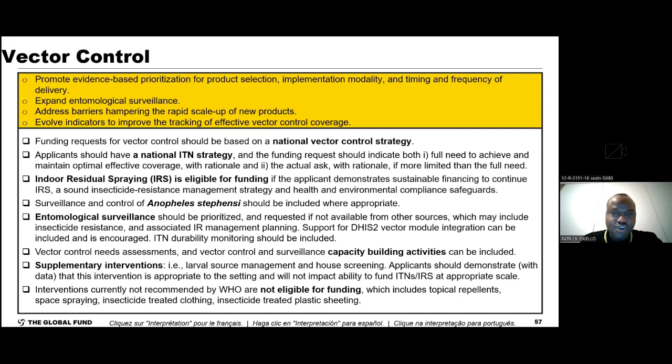For vector control, we don't have many new interventions, but just to point out, it's really the national vector control strategy which will tell you where you want to deploy different interventions, be they ITNs or IRS. But specifically for ITNs, we're happy to introduce the new dual active ingredient nets, for which we hope the new WHO policy should be available by the first quarter of next year.